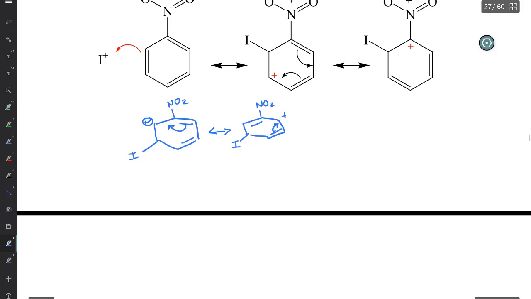So the result is there's less destabilization because of these particular resonance structures being a little bit more stable than when you put it in the ortho or in the para position. The para position would give you the same kind of interaction.